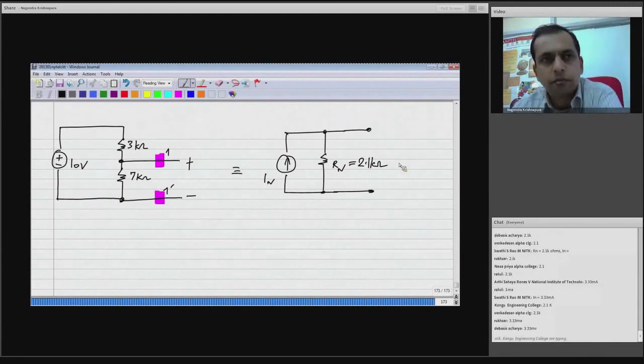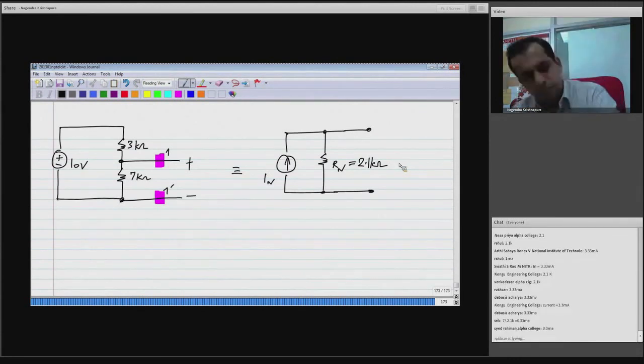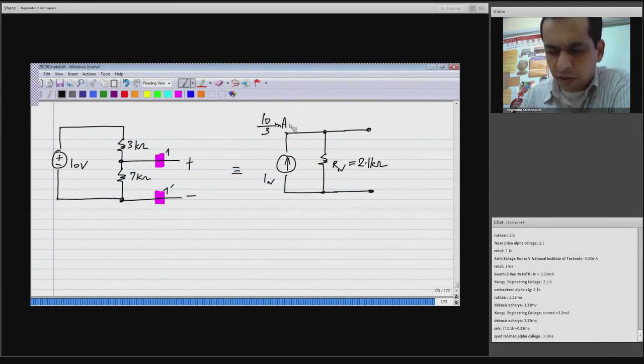And what's the value of IN? Then again, all of you are able to recognize that it is 10 by 3 milliamps or 3.33 milliamps.